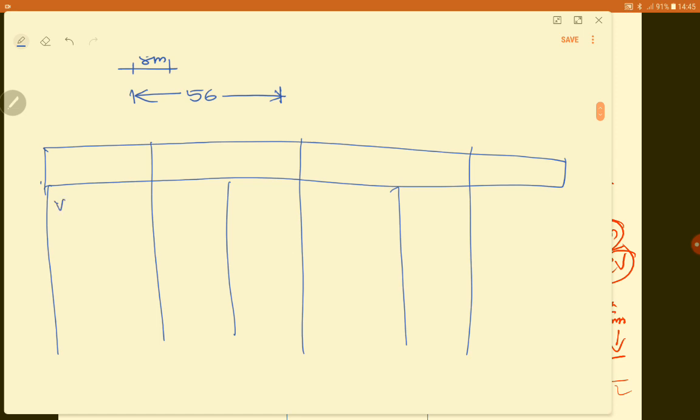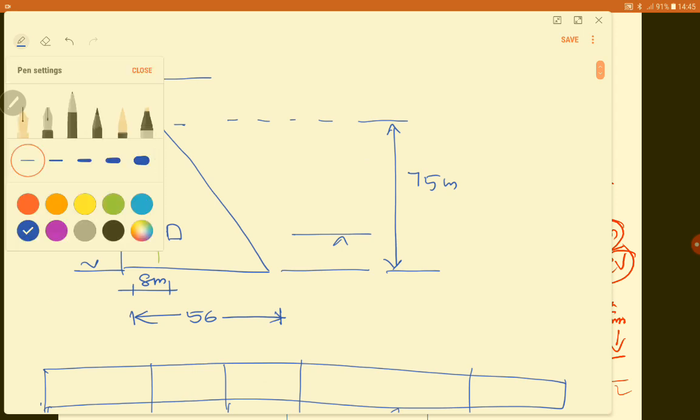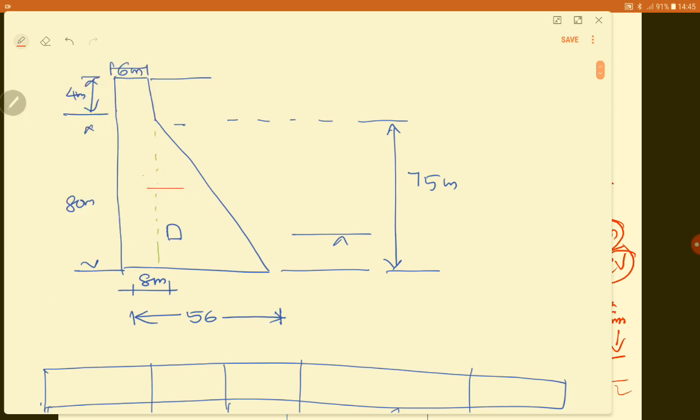Okay, so the vertical forces here include the weight of the dam. Okay, the weight of the dam can be split into W1 and W2, right? What is W1 and W2? W1 is this weight, that is the weight of this rectangle, and this triangle is taken as W2, right?